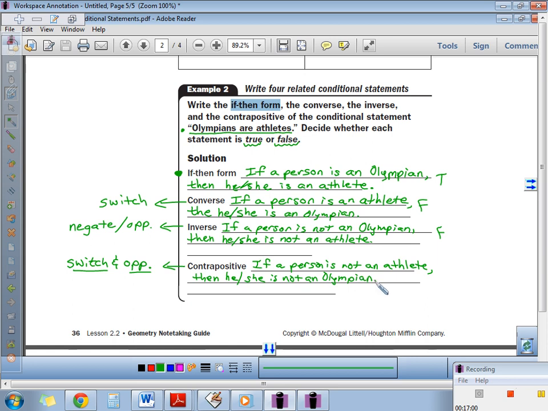Very good. Now, is this true or false? Read carefully. If they are not an athlete, they are not an Olympian. That's a true statement. So once again, the if-then was true, the converse was false, the inverse was false, and the contrapositive true. Now, this will not always keep this same pattern. So you need to be aware of switching things around a little bit.